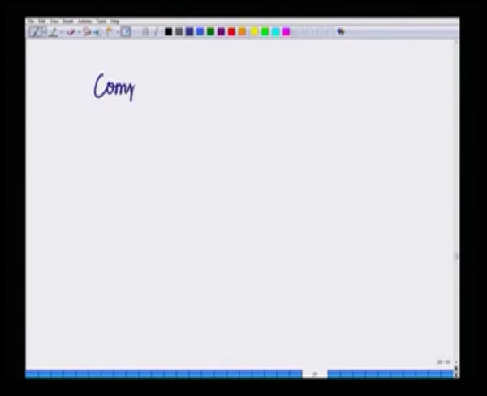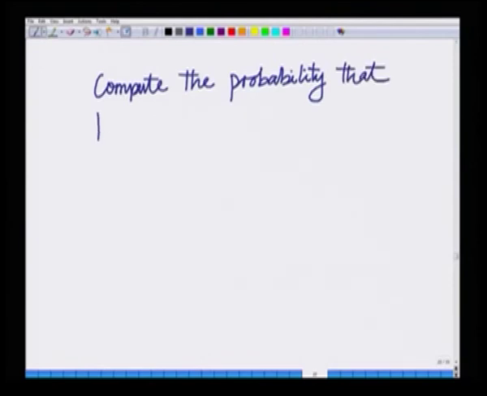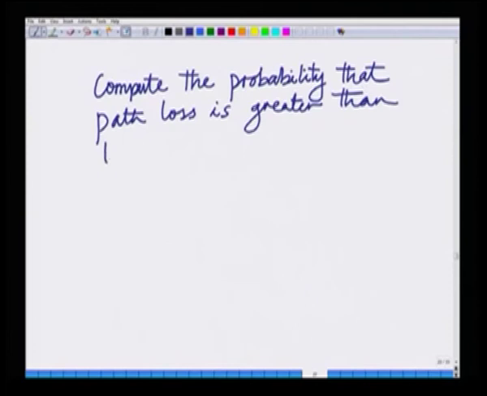So, our problem is as follows: compute the probability that the path loss is greater than gamma.